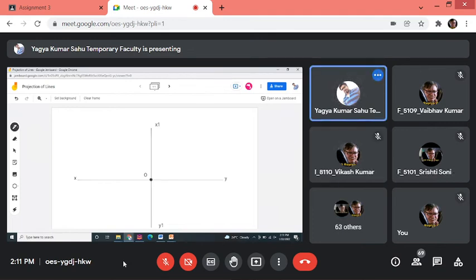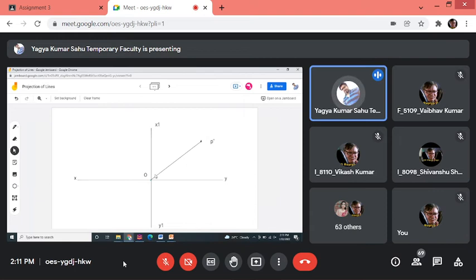So at an inclination of 45 degree, draw a straight line of length equal to 70 mm. At that 70 mm, you will get a point which will be the side view of the given point. Say the point is P, then you'll get P double dash, which is the side view.